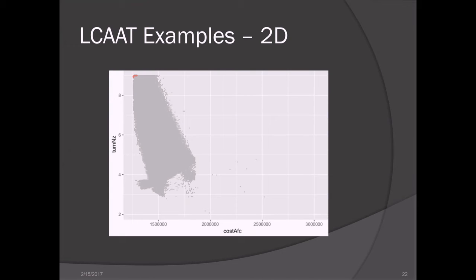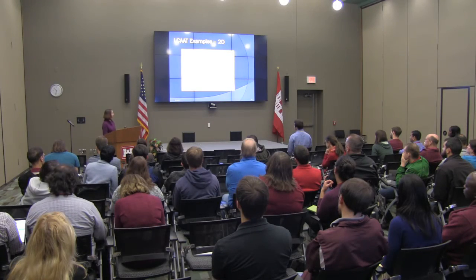So we're going to look at some specific LCAAT examples now. These are two-dimensional examples, and I see that they look fairly small on the screen here, so I apologize for that. Basically, all of the gray points are the design points. We're looking at the LCAAT design, that 270,000 CSV file, in two-dimensional space. In this particular example, we're looking at the turn rate versus the cost.